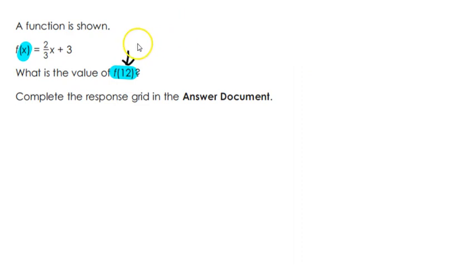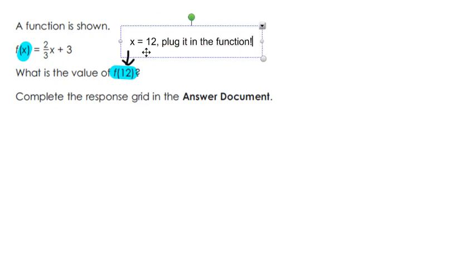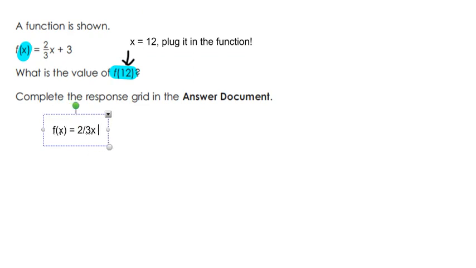That is saying very specifically, x equals 12, plug it in the function, and calculate the answer. So instead of f of x equals 2/3 x plus 3, they want f of 12 equals, keep 2/3, but instead of x, you put in 12.